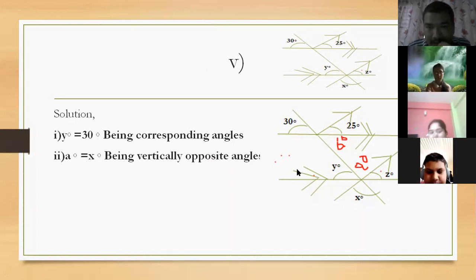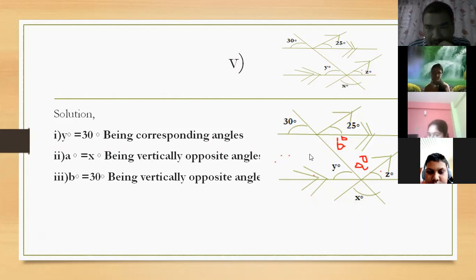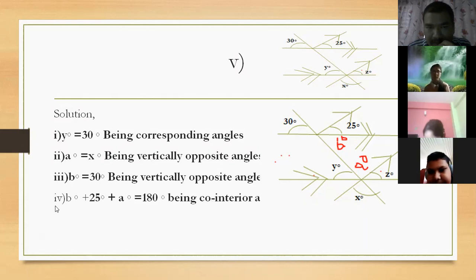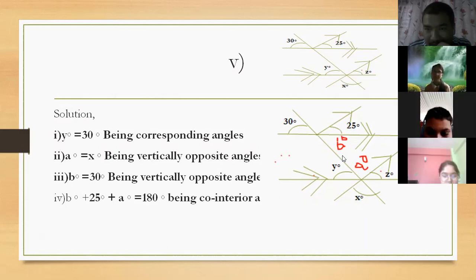Then A degree equals X degree, being vertically opposite angles. Then B degree equals 30 degree, being vertically opposite angles. Now when we add 25 degree with B degree, the sum of these two angles will be added with A degree.